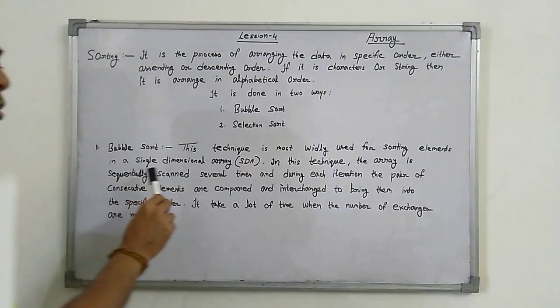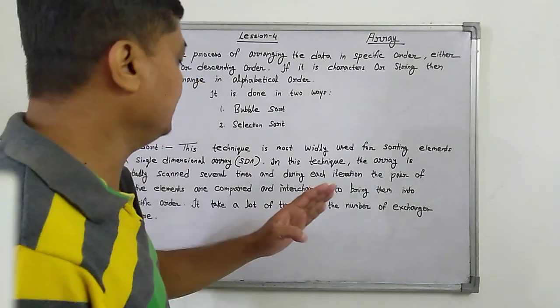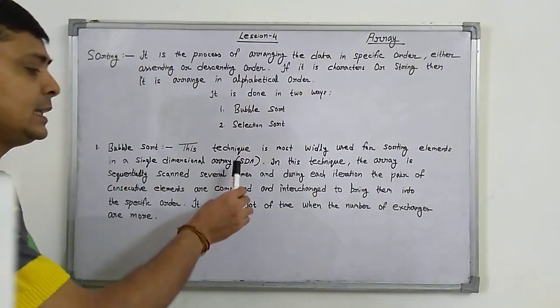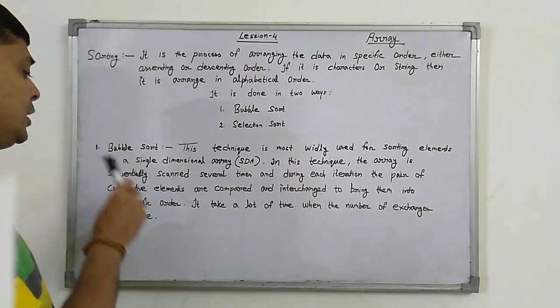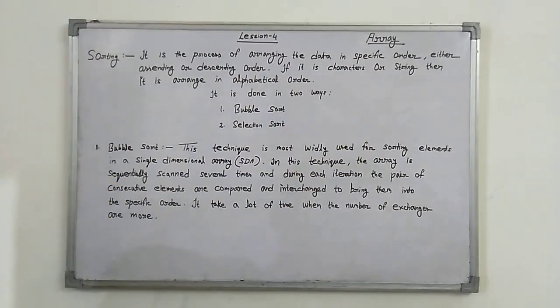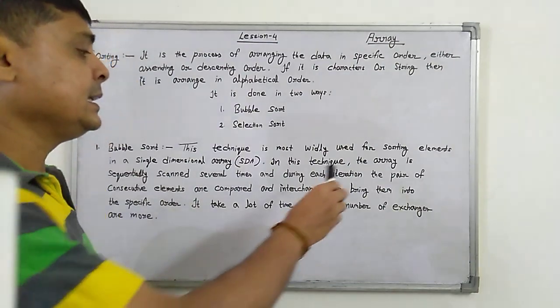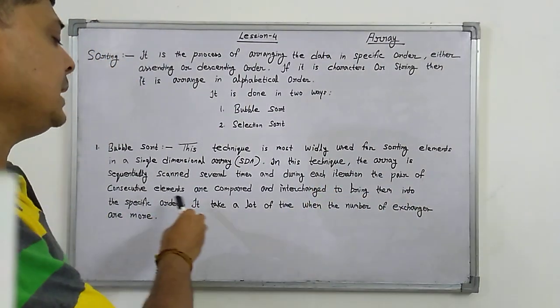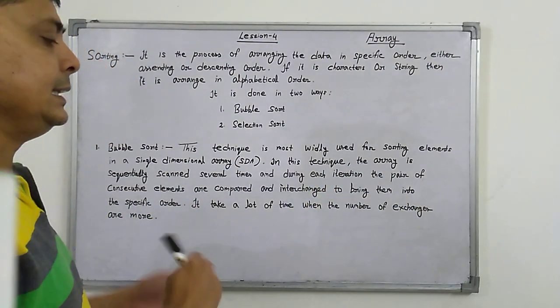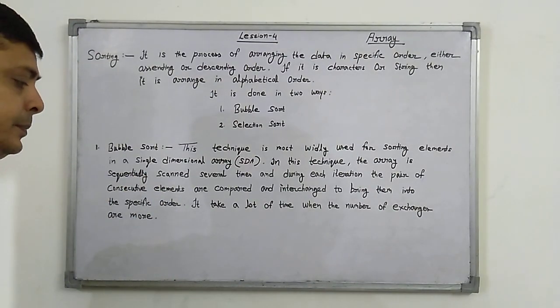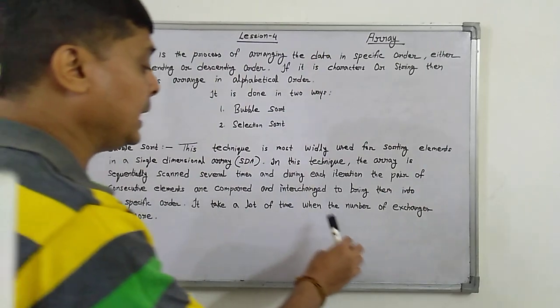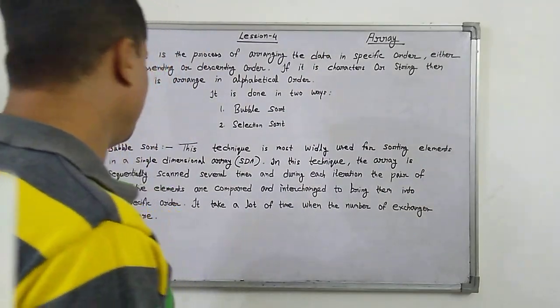This technique is most widely used for sorting elements in a single dimensional array. In this technique, the array is sequentially scanned several times, and during each iteration, the pair of consecutive elements are compared and interchanged to bring them into a specific order. It takes a lot of time when the number of exchanges is more.